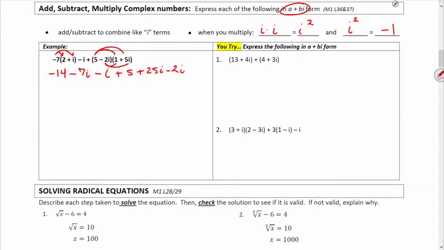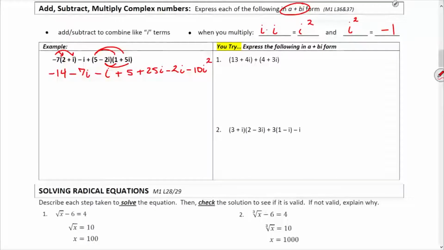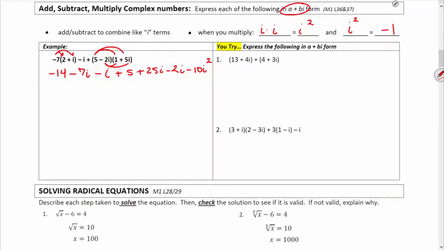And then here we go. -2i times 5i is -10i squared. Okay? Nothing is new here. i is just like any other variable like x. The only difference is we say, oh, I know that i squared is -1. So let me rewrite this, changing i squared into -1.